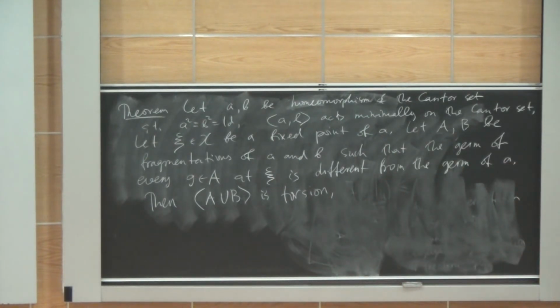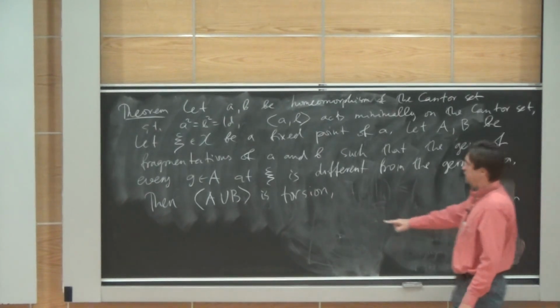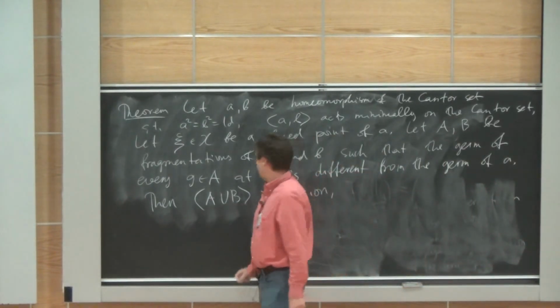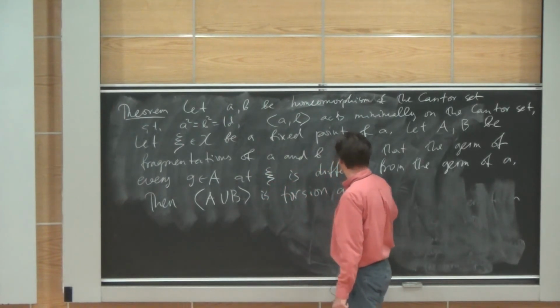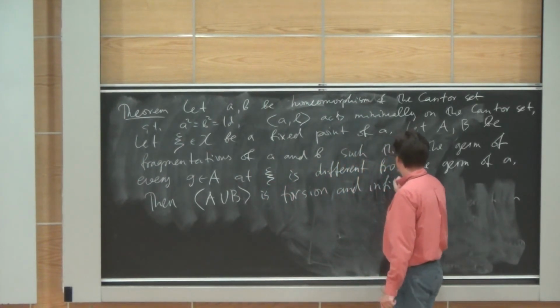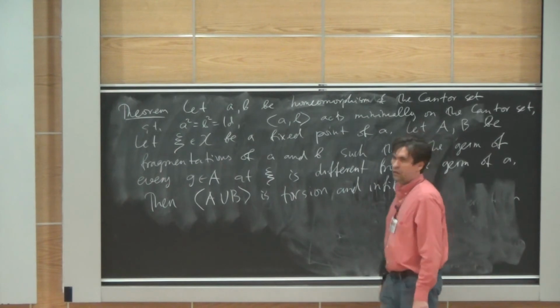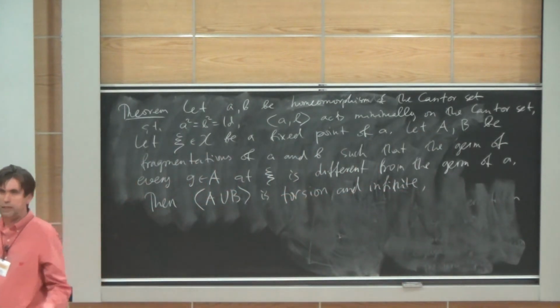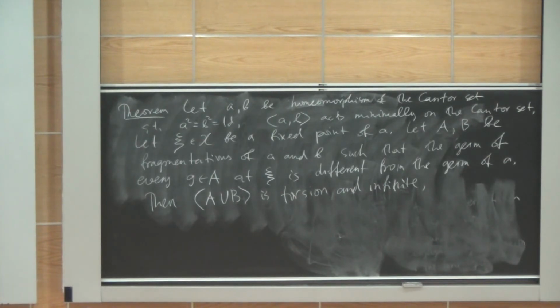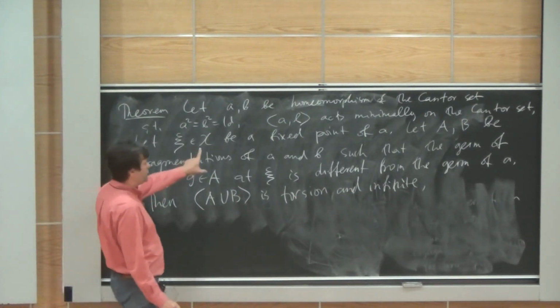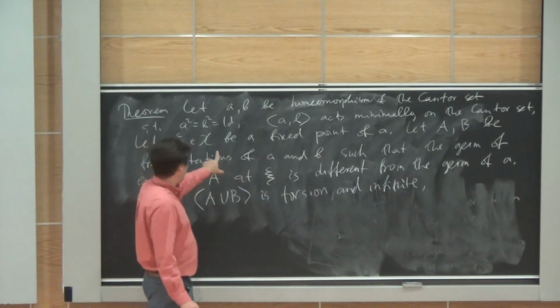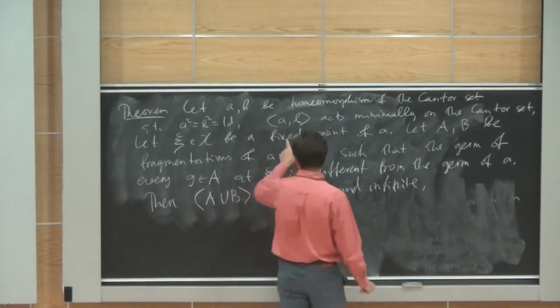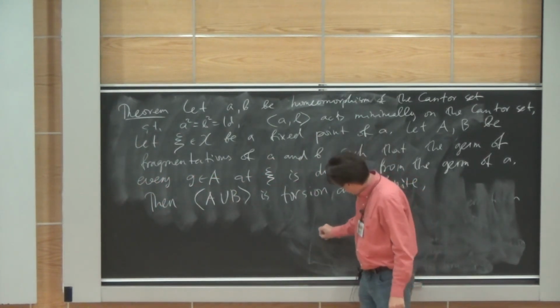It's finitely generated because 𝒜 and ℬ are finite sets. So you get a torsion, infinite, finitely generated group just by this kind of fragmentation. Let me tell you why, in fact, this strange condition is easy to achieve.